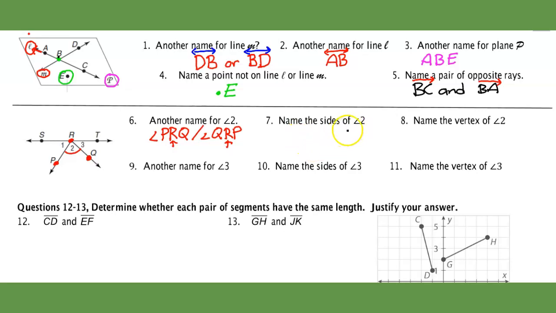Name the sides of angle 2. All right, so that's going off this. We can do this 2 ways since we have the angles listed, but the simpler one is probably to just look at the diagram. We have ray RP, and it's a ray because we have an endpoint, and then it's going in an infinite direction on that side. So we've got ray RP, and then we also have ray RQ.